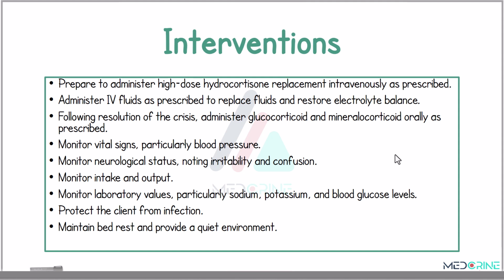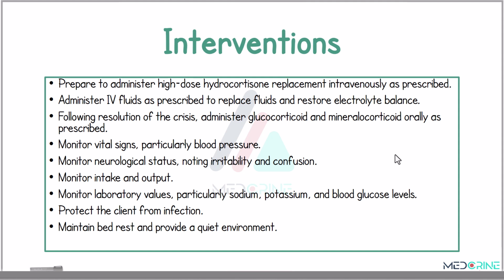What are the nursing interventions for patients with Addisonian crisis? You need to prepare to administer high-dose hydrocortisone replacement intravenously as prescribed, administer intravenous fluids as prescribed to replace the fluids that are lost and to restore electrolyte balance, and following a resolution of the adrenal crisis, you need to administer glucocorticoids and mineralocorticoids orally as prescribed.